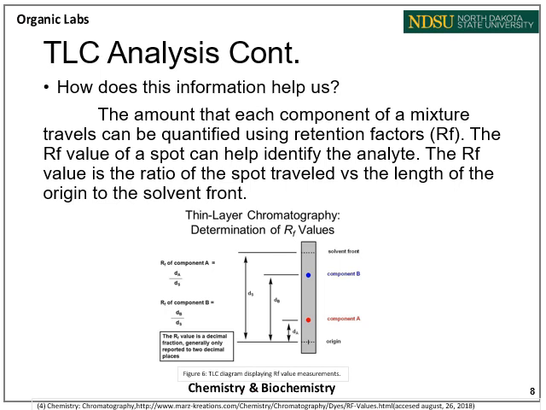For example, to determine the RF value of component A, you would take the length it traveled from the origin to the spot that you visualized, divided by the length of the origin to the solvent front, which gives us a ratio or retention factor.